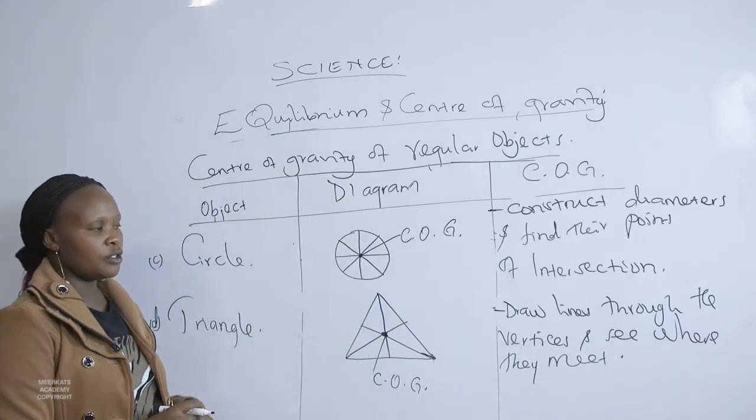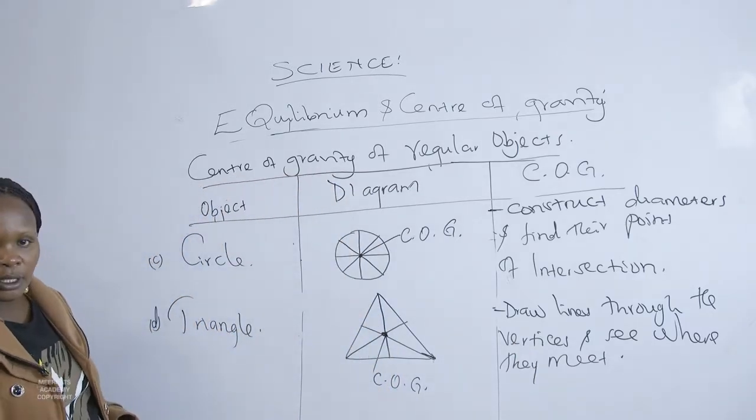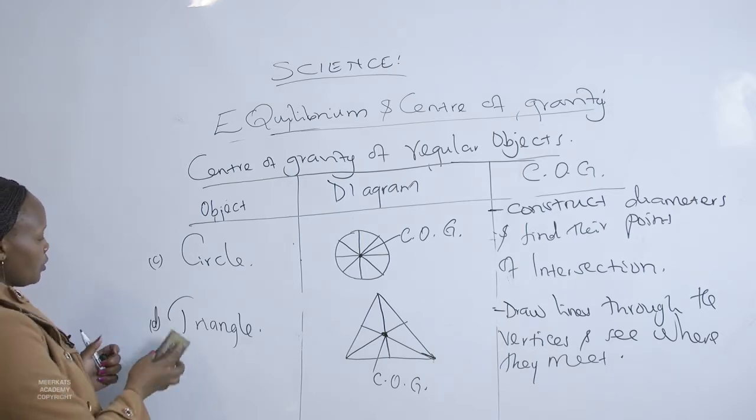Their point of intersection will comprise their COG.